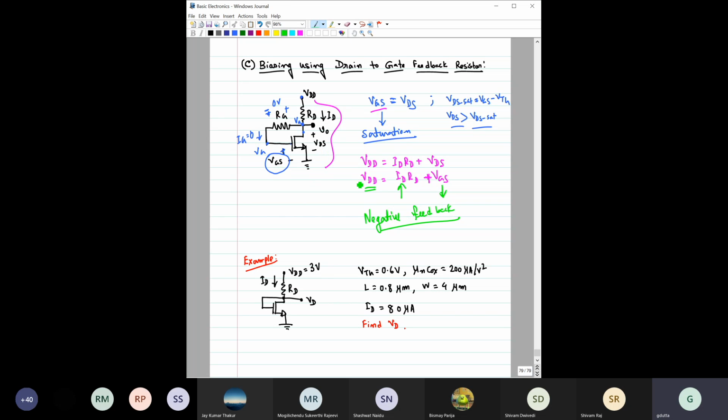With this negative feedback, the DC biasing stability of this circuit would be better, because whenever ID is trying to increase, VGS will fall, and when VGS falls, it will try to reduce ID. So there is a negative feedback.